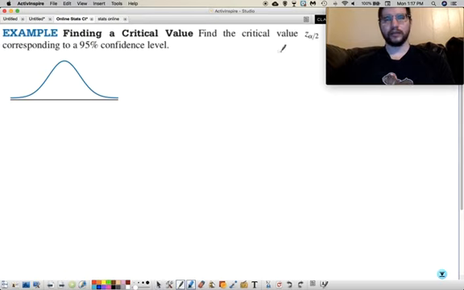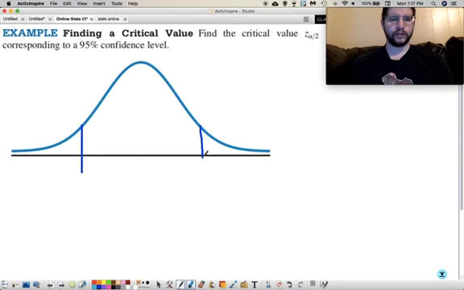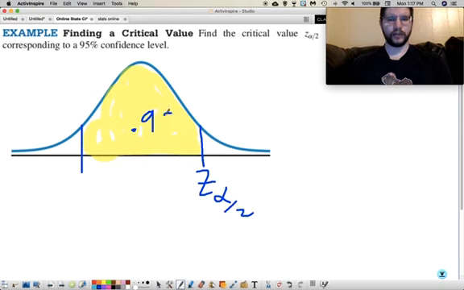So let's practice. Let's find the critical value, Z of alpha over 2, corresponding to a 95% confidence level. So I've got my curve here. Somewhere between here and here, let's say all this is 0.95. Pretend that's all shaded. We need to find these z-scores. If this is 0.95 in here, then 1 minus 0.95 gives me alpha.